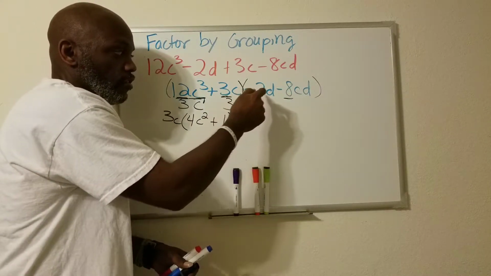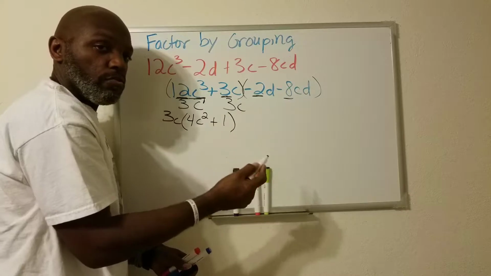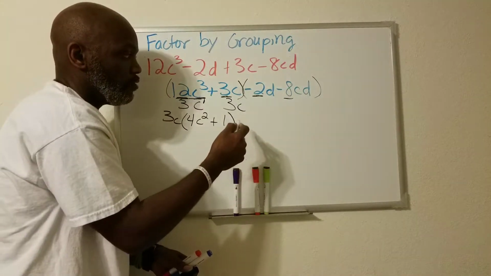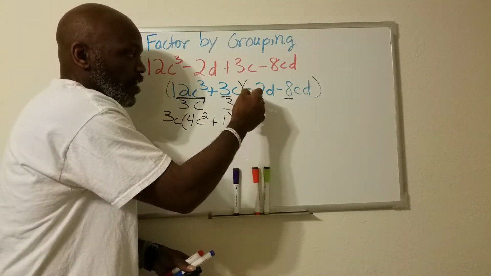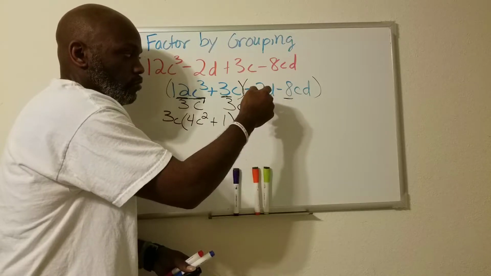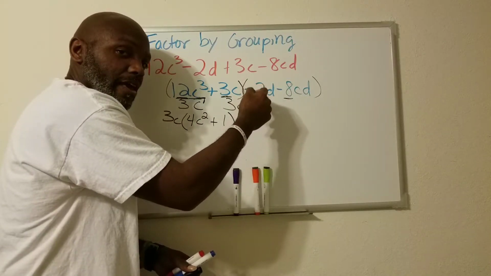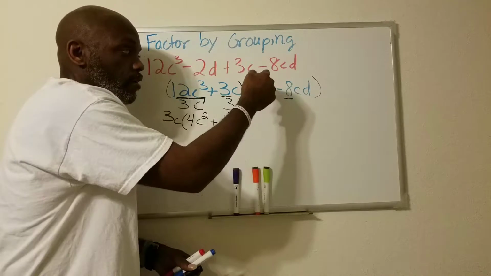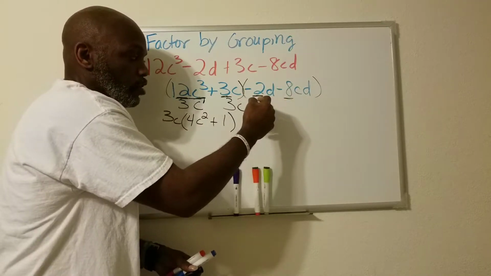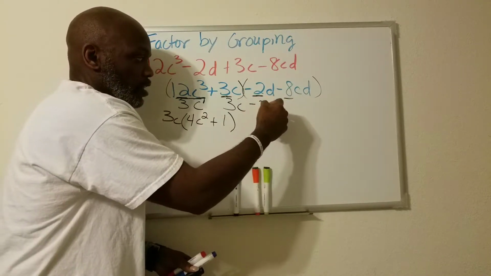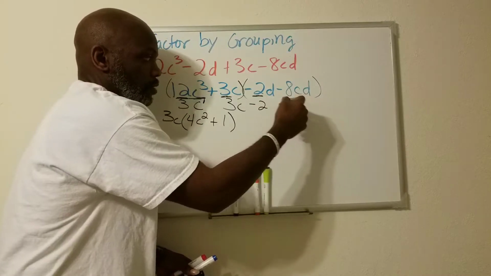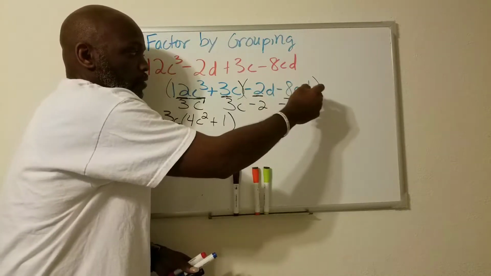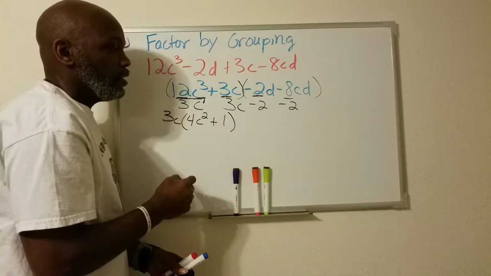And then this is a little bit different than what you've seen in the previous videos if you watched them. We're going to factor out a -2 because you cannot have a negative in the first part of your polynomial. Okay, so we're going to factor out -2. And then what do they have in common? They have in common the letter d.